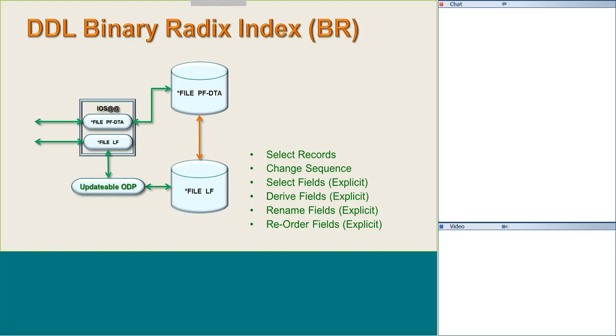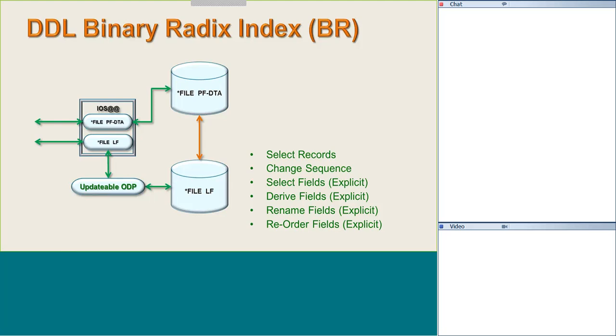As a result, these two are the only ones that are really interchangeable, and if you've got new indexes, do them using a BRI. But don't go back and change all your existing DDS ones to BRIs, because there is one big difference.